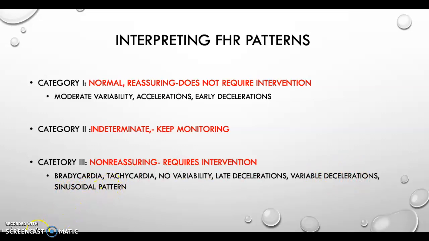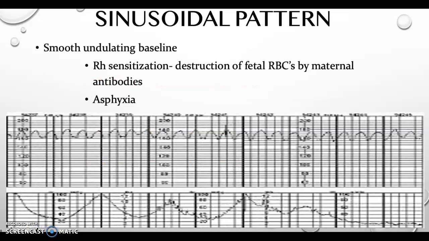I'll show you what sinusoidal pattern looks like. This is right here. This is an up and down, undulating baseline, up and down, up and down. If you see this on a fetal heart rate pattern, this is a very ominous sign. It is a sign of asphyxia. This baby is not getting any oxygen, or all of its fetal red blood cells are being destroyed by the antibodies of that mom with an RH who has become sensitized.